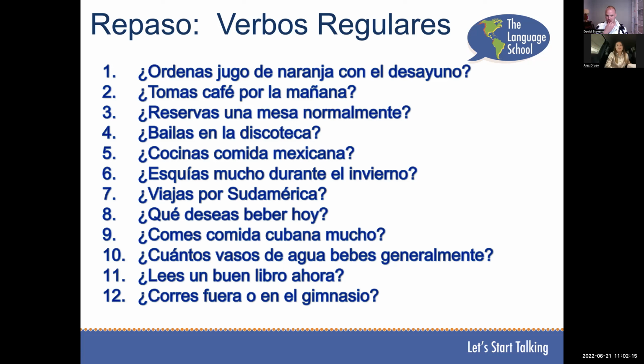No bailo en la discoteca. ¿Cocinas comida mexicana? Sí, cocino comida mexicana. ¿Esquías mucho durante el invierno? No esquío mucho durante el invierno. ¿Viajas por Sudamérica? No viajo por Sudamérica.